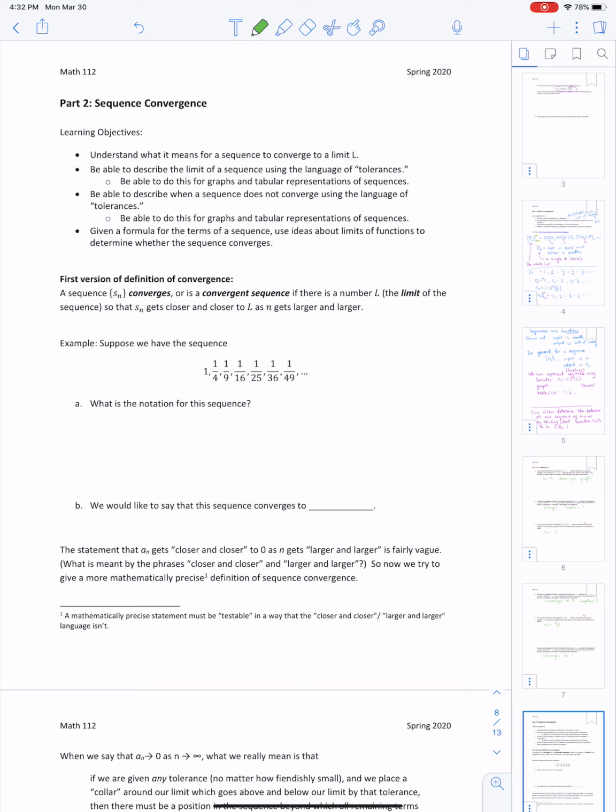So exactly what I wrote here: the sequence S_n converges if there's a number L, which is the limit of the sequence, so that S_n gets closer and closer to L as n gets larger and larger.